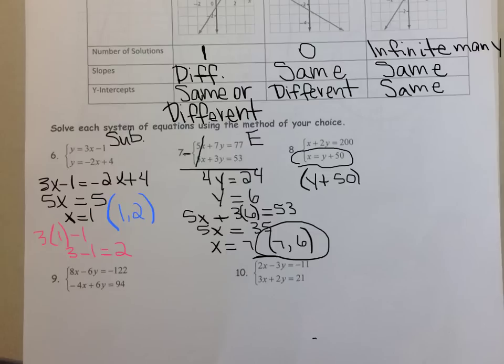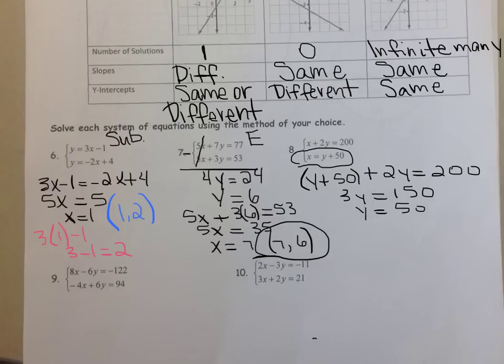I'm plugging this in for x here for this original equation. Y plus 50 plus 2y equals 200. Okay. Now I solve for y. 3y equals 150. Y equals 50.